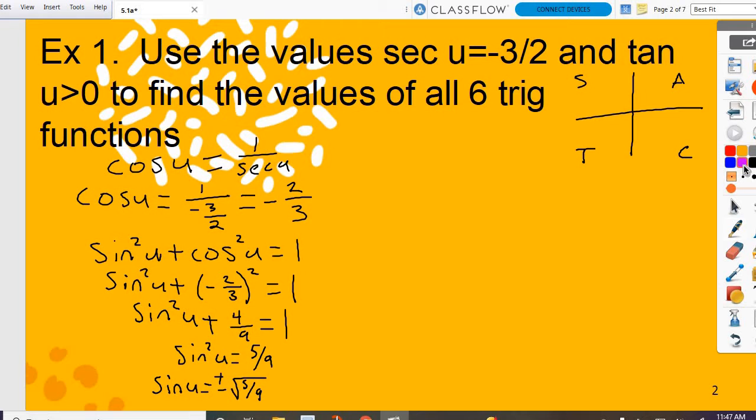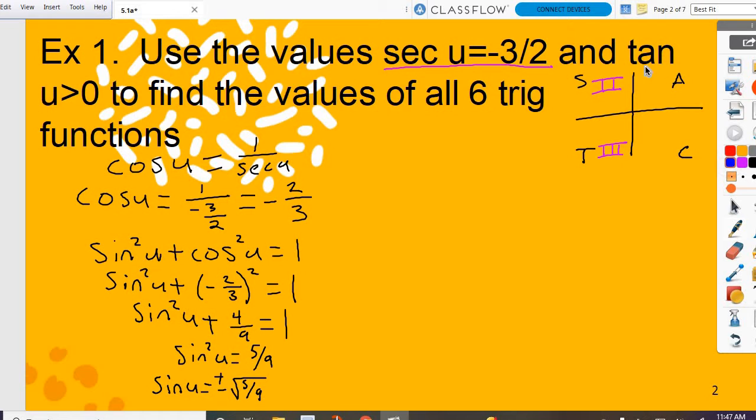So first of all, it gives us that secant is negative, yes? Which also means that cosine was negative. Agreed? So in which of my quadrants is cosine negative? 2 and 3.